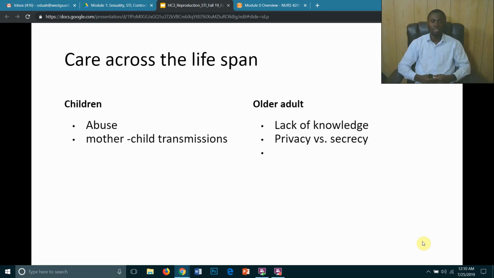People older than 50 years may not realize their risk for STDs, or they may not feel comfortable discussing their sexuality with healthcare providers, and so they might also be at increased risk. Providers may also lack an awareness of sexual activity of older adults.